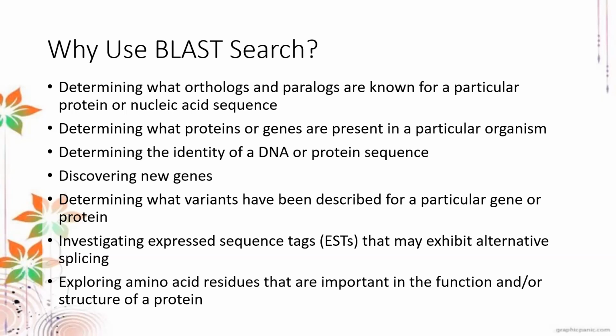But anyway, you can also do a BLAST search to discover new genes. Most genomes are already sequenced, but as we said, we know the sequences, but we don't really understand the whole thing. We have the record, but we don't know how to read all of it yet. So we can use the BLAST search to discover new genes from very old genome sequences. For example, the human genome was fully sequenced way back in, I believe, 2003, and we are still discovering new genes for that.